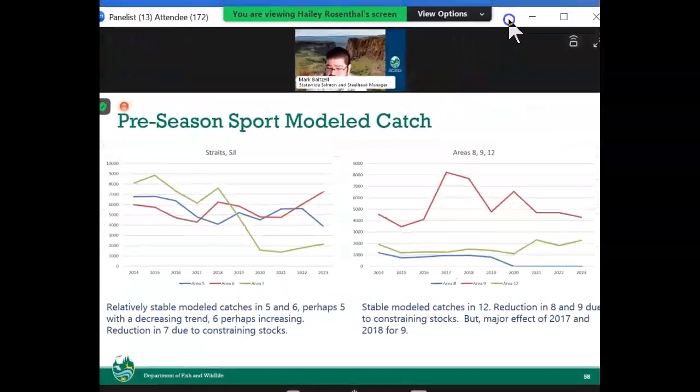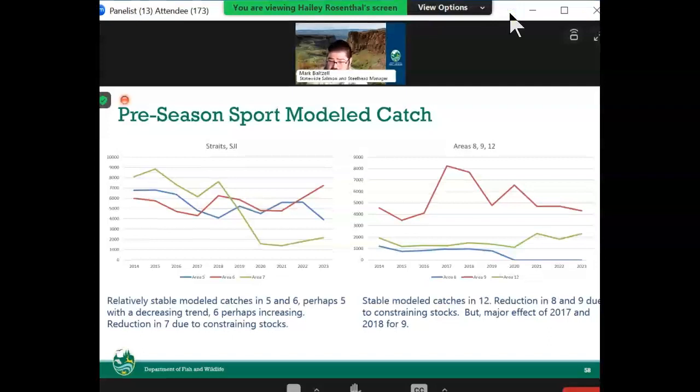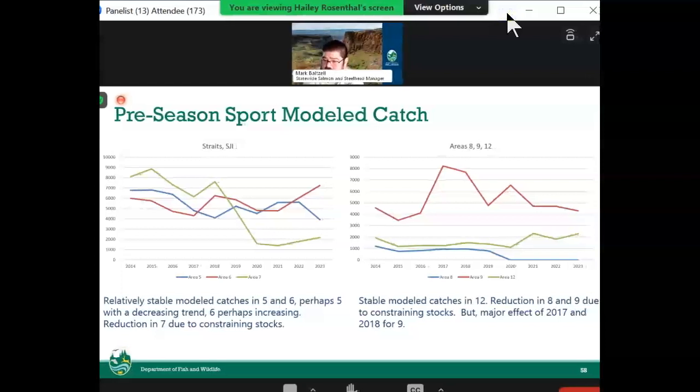Back to the left-hand slide, it obviously shows the big reductions that we've taken to the Area 7 opportunities in recent years, maybe a small uptick in Area 6, and a small downturn in Area 5. On the right-hand side, those Area 12 catches are relatively stable, and Areas 9 and 8 have seen some reductions due to constraining stocks.